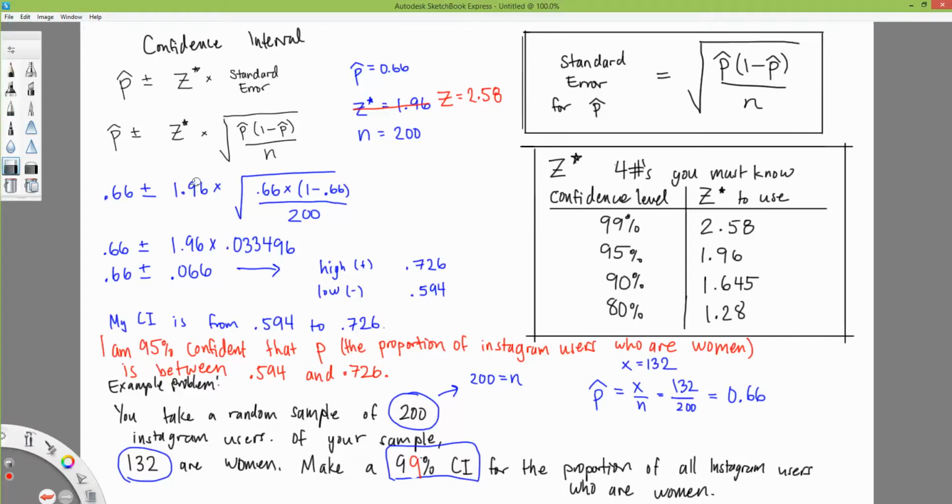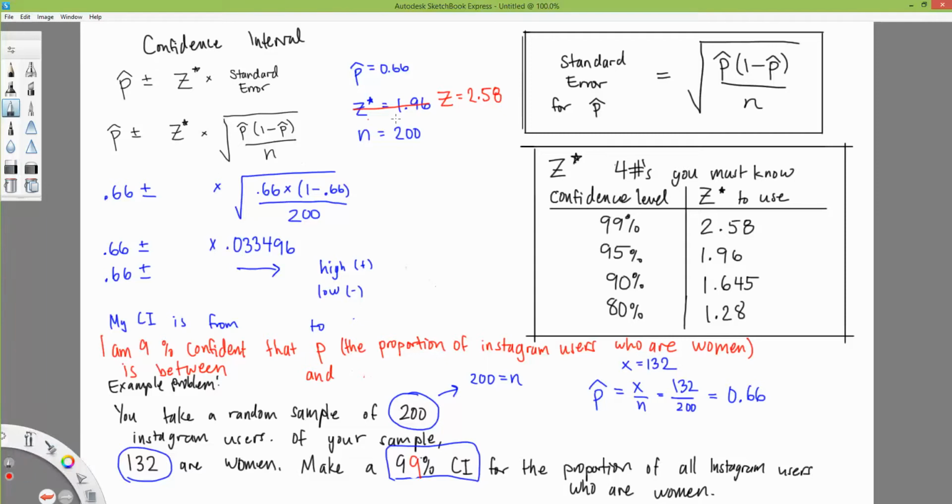But what changes? We no longer use 1.96, so that's going to change, and these numbers are all going to change also. I'm not going to have my confidence interval from here to here anymore, because I'm not at 95%, I'm at 99%.